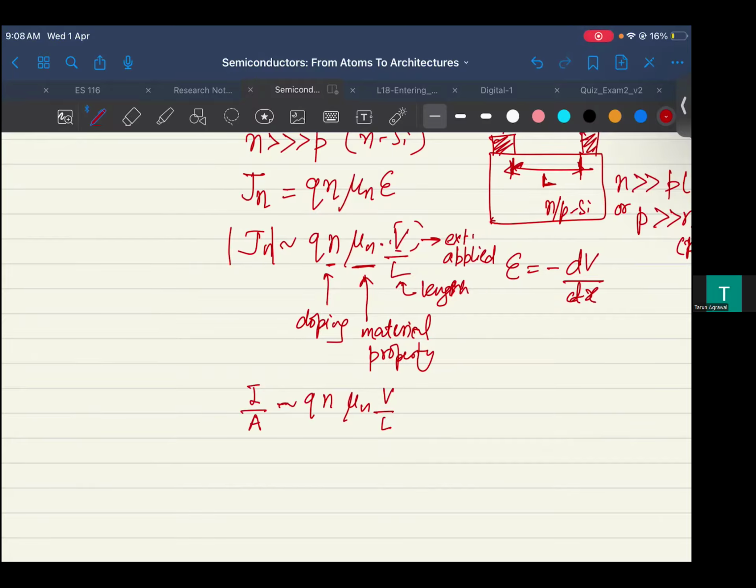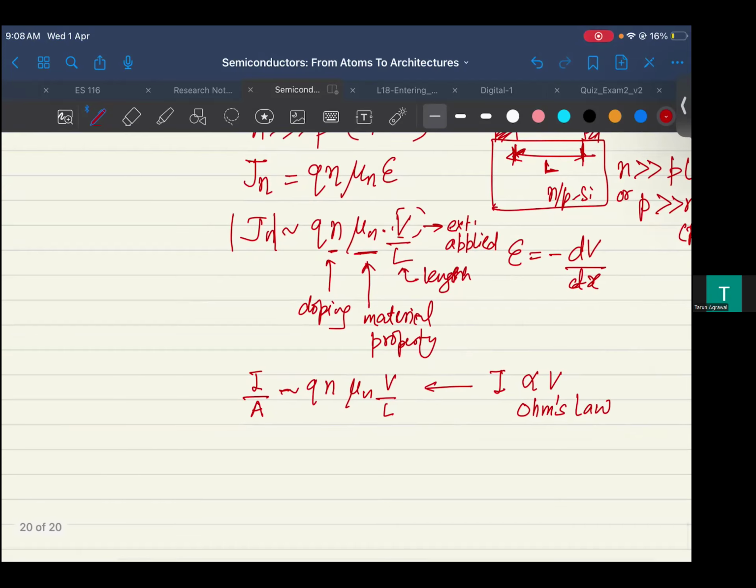And if you have seen electronic components, this maybe reminds you of something: I is proportional to V. That reminds you of Ohm's observation, or Ohm's law, which we know of. He was playing with different conductors with different diameters and recorded how V and I change, and based on that he concluded that this is a direct relation.